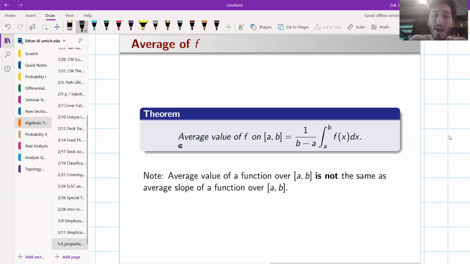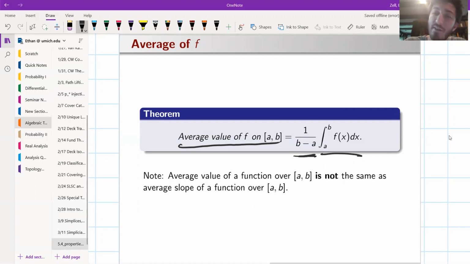We're saying that the average value of our function on the interval where it's defined is the integral of the function on that interval divided by the length of the interval. If you remember, maybe from statistics, there's a formula for the mean of a set of data.